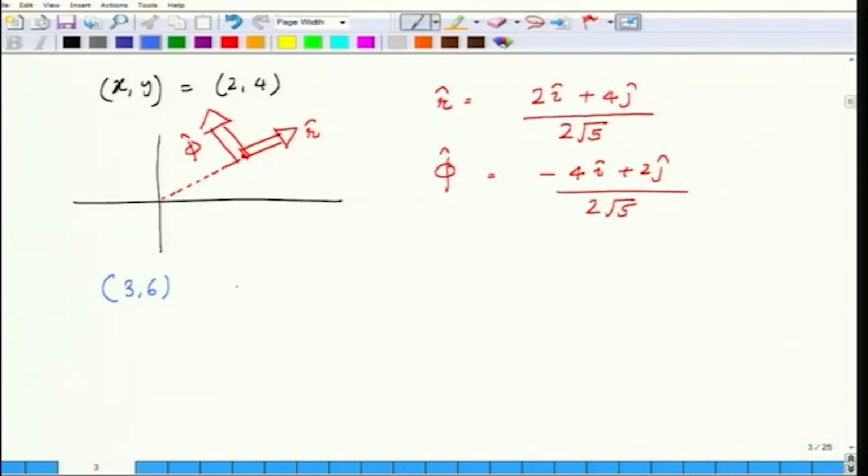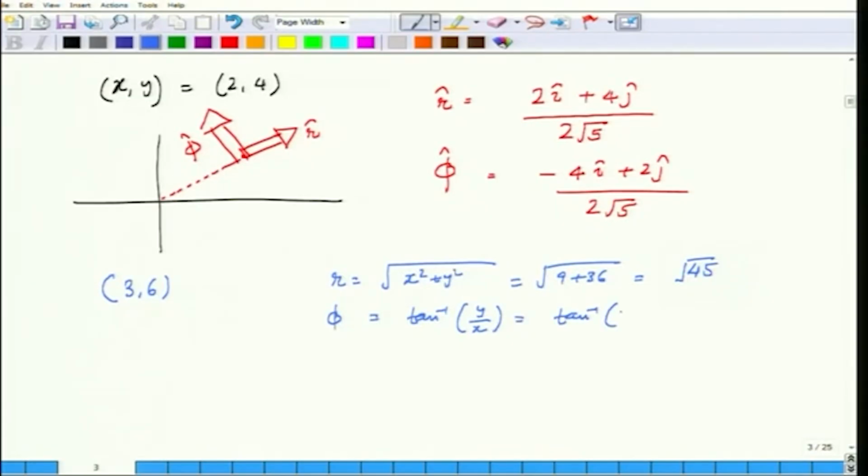both positive, and now I can directly write that r is going to be square root of x square plus y square, which is square root of 9 plus 36, which is square root of 45, and phi is going to be tangent inverse of y over x, which is equal to tangent inverse of 2. So phi remains the same as in the previous question, but r changes.